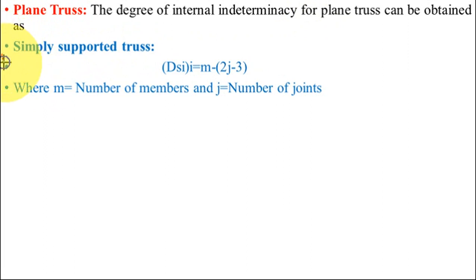In the case of a simply supported truss, the degree of internal indeterminacy can be obtained using this simple equation: DSI internal is equal to m minus 2j minus 3, where m is the number of members and j is the number of joints. So let us consider a simple truss.